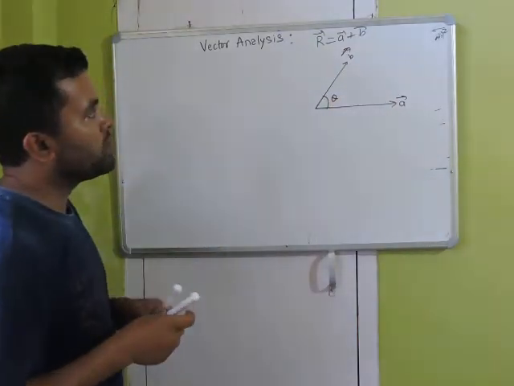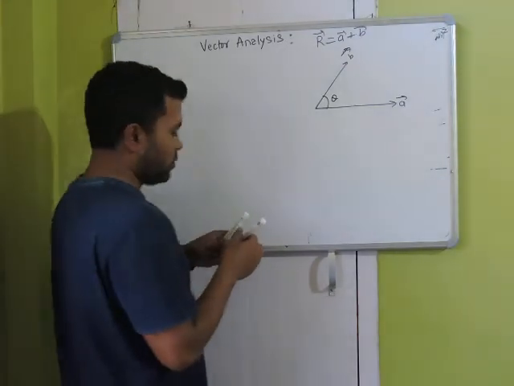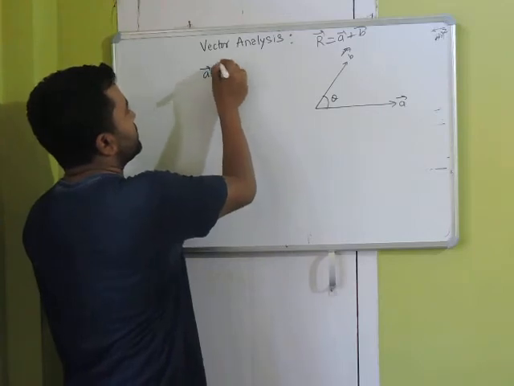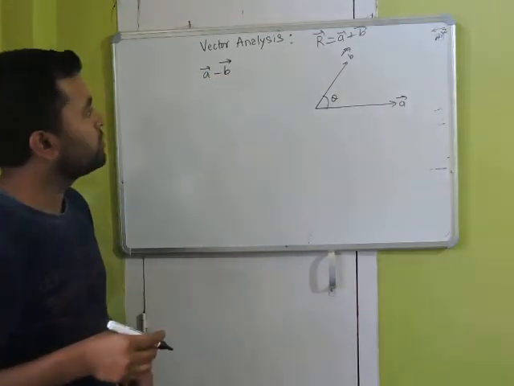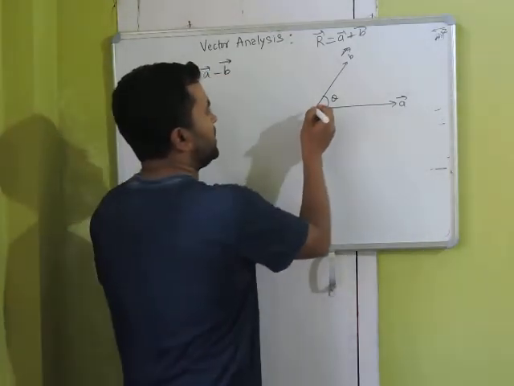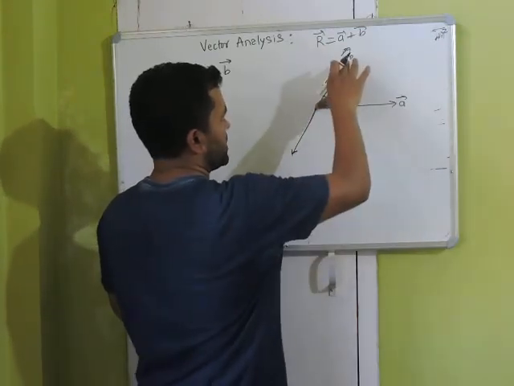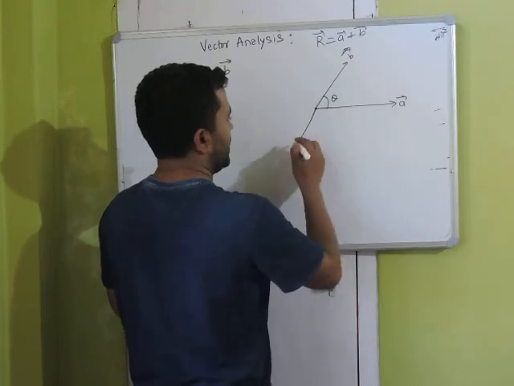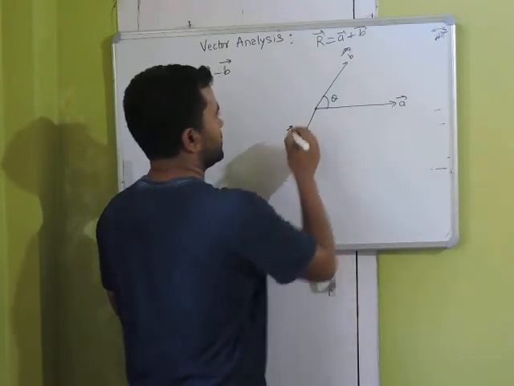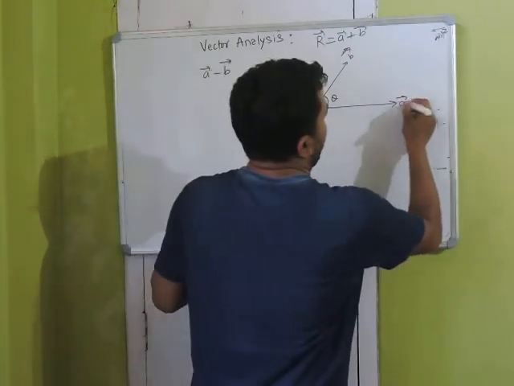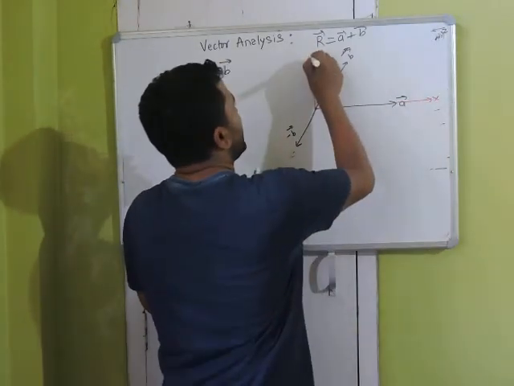Now suppose I told you to find a minus b. How will you do it? Minus b will be nothing but a vector of the same length in the opposite direction. Let us say this is minus b. Now this is my x-axis, this is my y-axis.